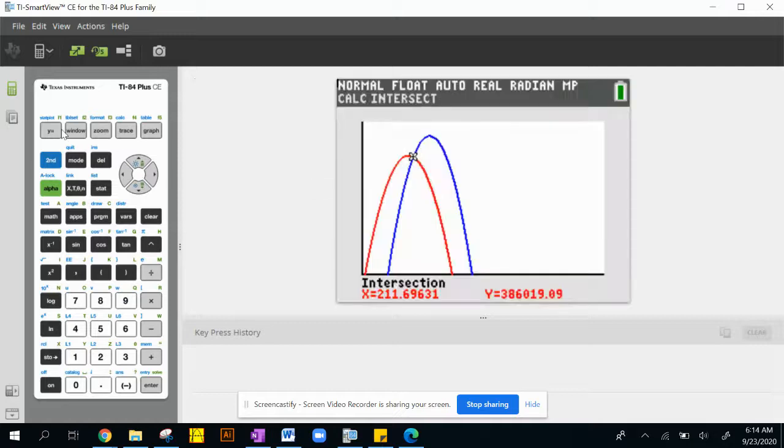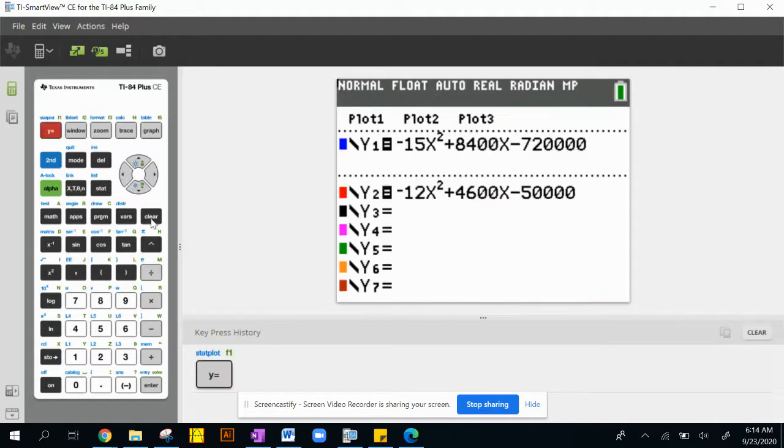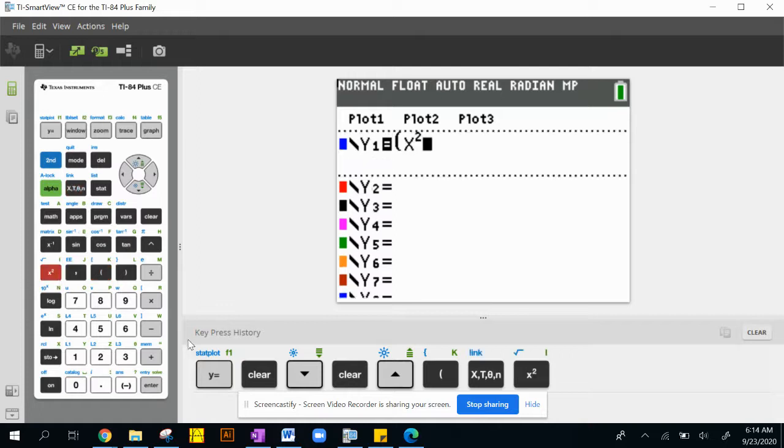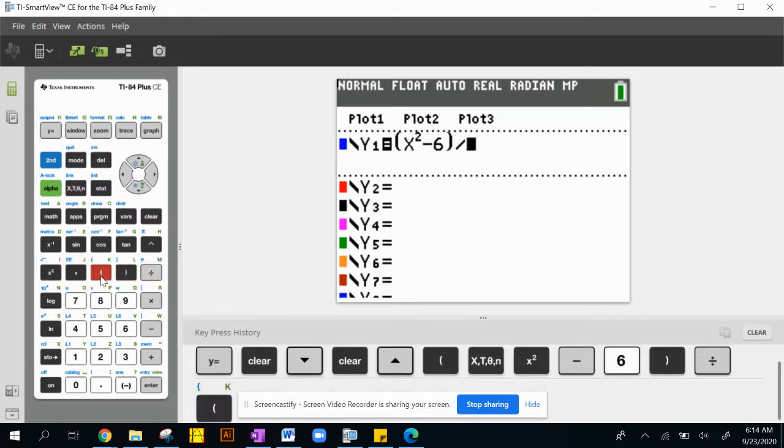All right, so I'm going to graph. I'm going to clear out what I have over here, and then put in x squared minus 6. Make sure we have parentheses around the numerator and around the denominator. Okay, and we wanted to find the zeros between -3 and 4.